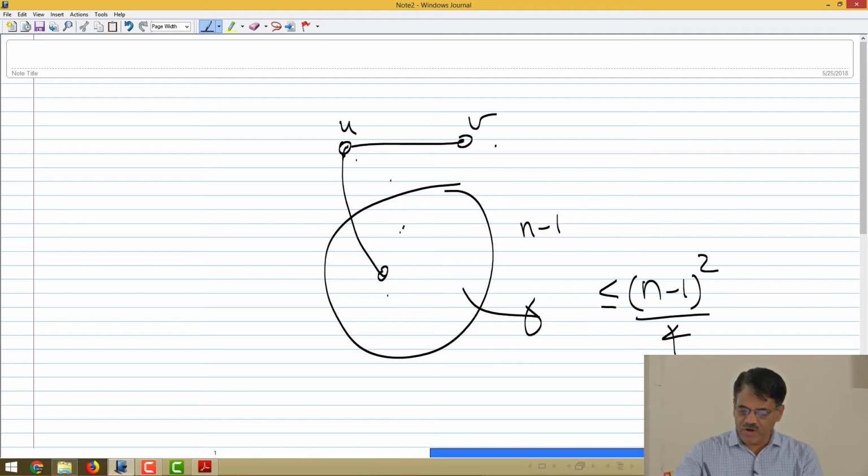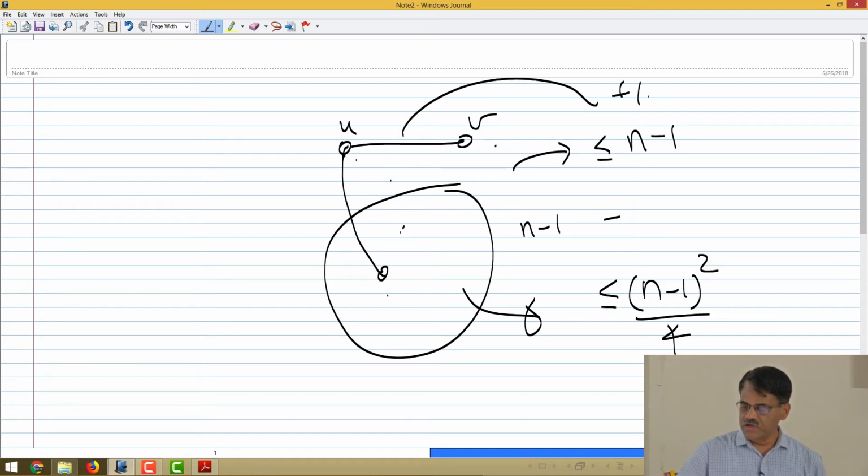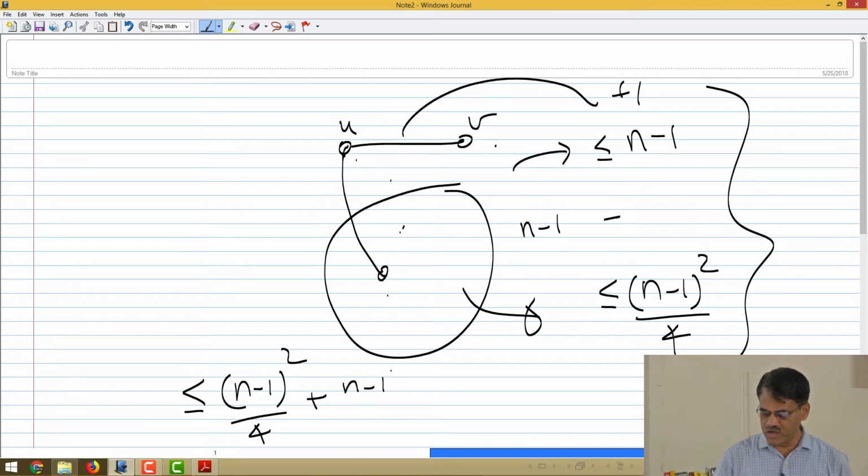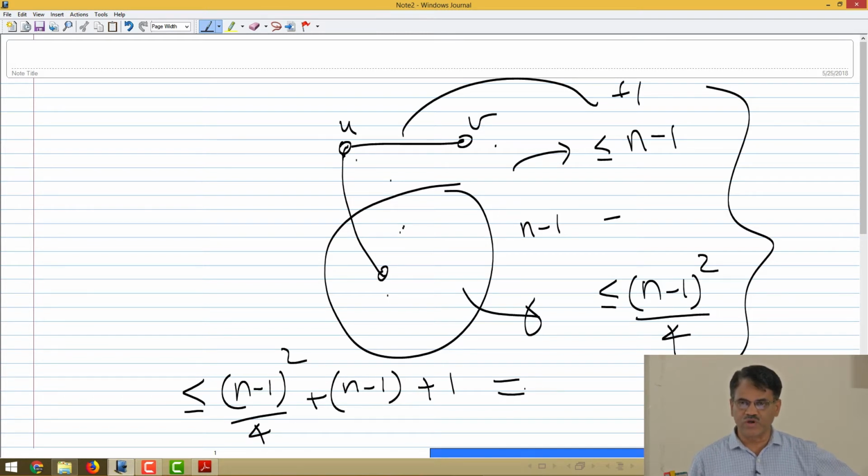So, the number of edges between would be at most n minus 1, plus this extra edge. So, the total number of edges possible is at most n minus 1 whole square by 4 plus n minus 1 plus 1. Hopefully, if you sum, you should get what you want.